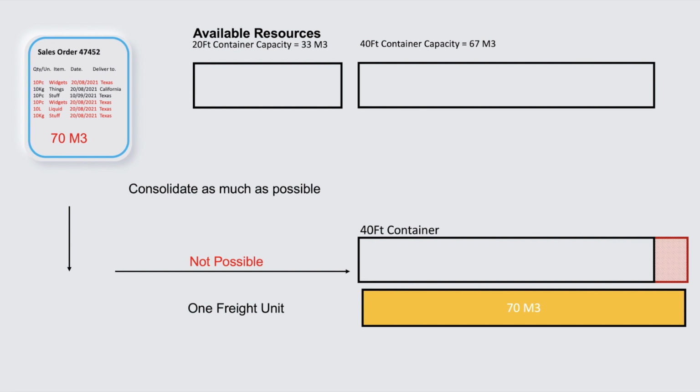If we look at the example that we have before us, the system has determined that those 4 items have a consolidated volume of 70 cubic meters and hence produced 1 freight unit of 70 cubic meters.